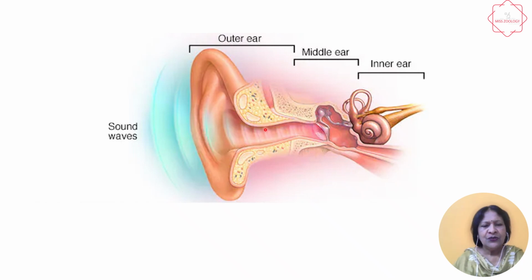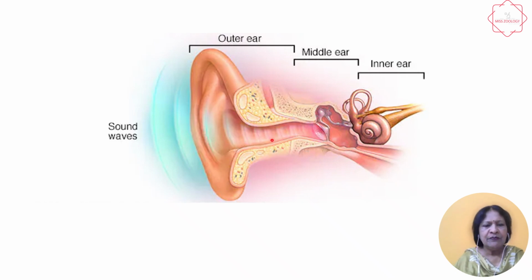If this total length is divided into 3 equal parts, the first 1/3 is lined by hair cells, which will prevent the entry of any dust particles along with the sound waves.